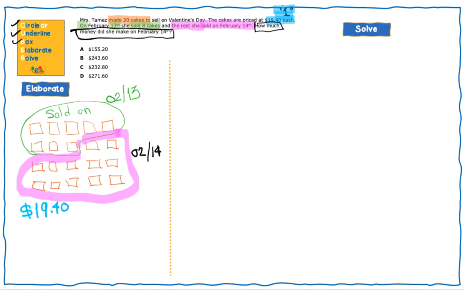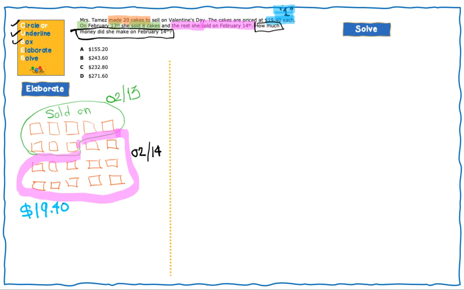Now I can see the amount of cakes that she sold on one day, and the amount she sold on the other day. The question is, how much money did she make on February 14? Look at this picture, and tell me, what number do we repeat for each cake?